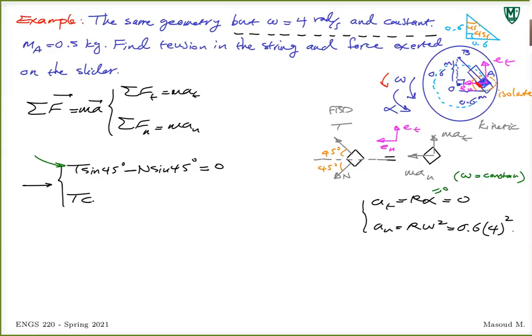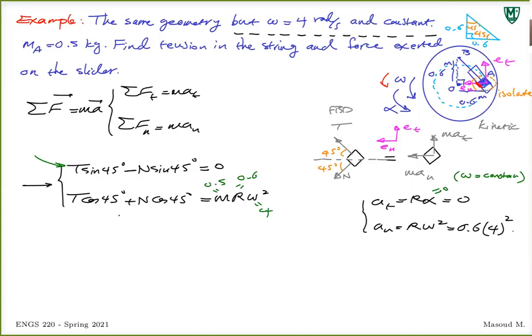T cosine 45 degrees plus n cosine 45 degrees, now that I took n downward, is equal to, go to the kinetic diagram. a_n is this way. m a_n, which we always take as positive, would be m r omega squared. m is given as 0.5, r is 0.6, and omega is 4.